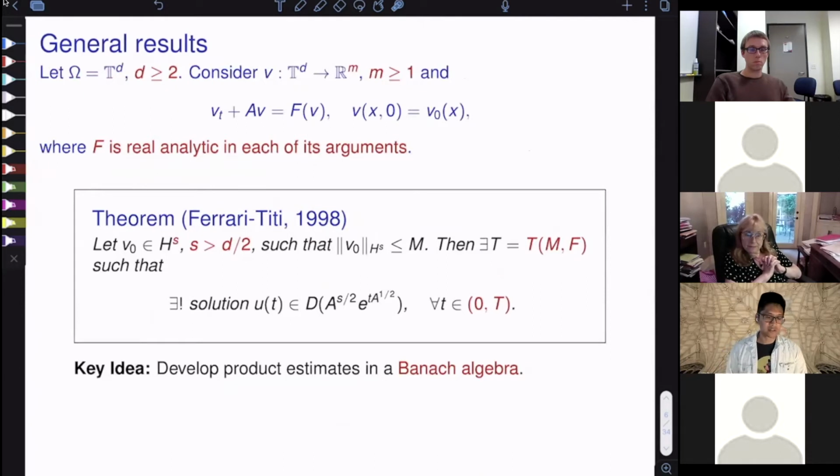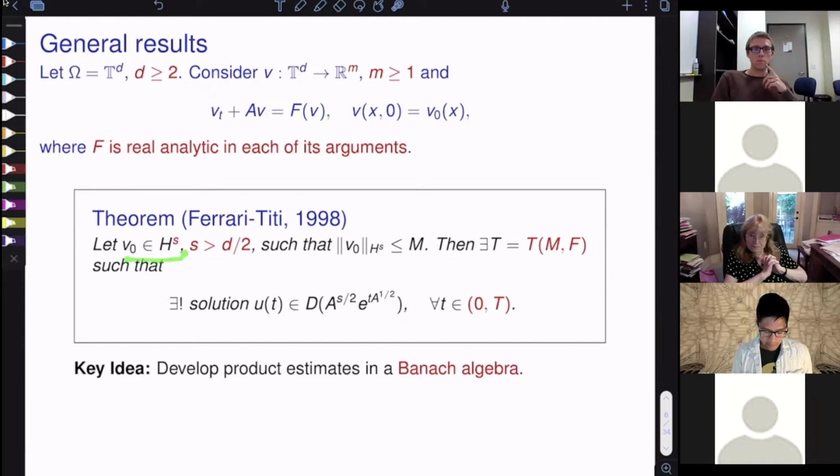One can prove results of this kind in great generality, essentially in the generality of the generalized system that I showed earlier. So if one considers an equation of this form, and F of v, notice now it doesn't depend on the derivatives of v, but you assume that it's real analytic in each of its arguments, for instance, it's a polynomial in v and its components.